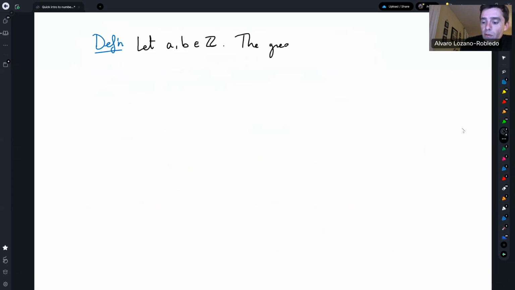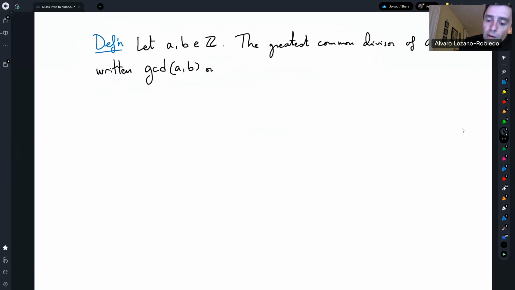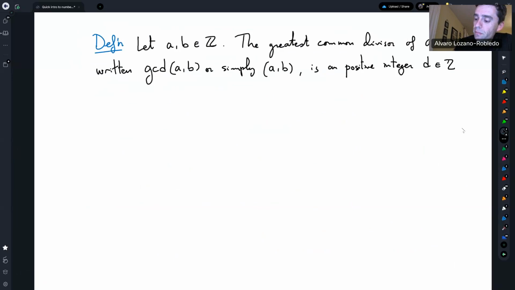Then the greatest common divisor of A and B, which we are going to denote by GCD of A and B, or sometimes, if it's clear from context, we will just write A, B in parentheses, is a positive integer D such that, well, two things.